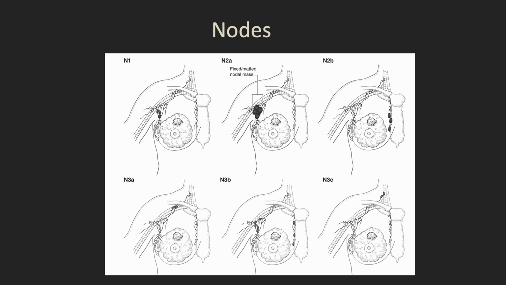I'm not going to go into these in detail, but just to know that the level 1 and 2 nodes that we commonly detect on imaging, if they're mobile, are N1, but if they're fixed or matted, are N2A, and the higher levels of staging depend, as you can see, on whether infraclavicular, internal mammary, or both groups are involved, or perhaps one of these supraclavicular nodes. I don't think anybody needs to memorize these. It's just that these are areas that we need to look for nodal involvement.